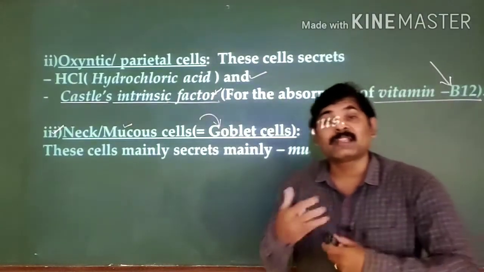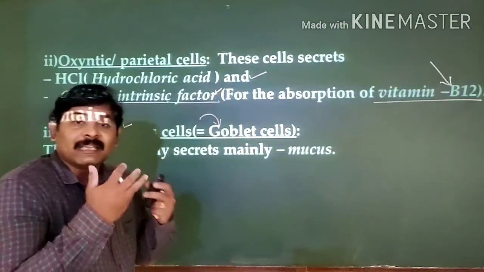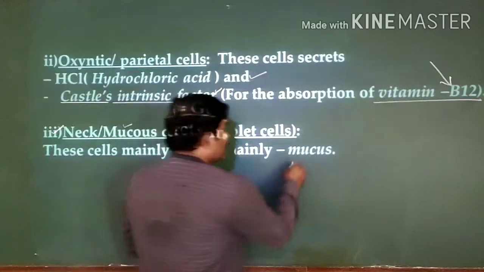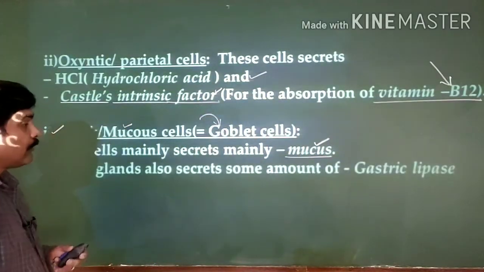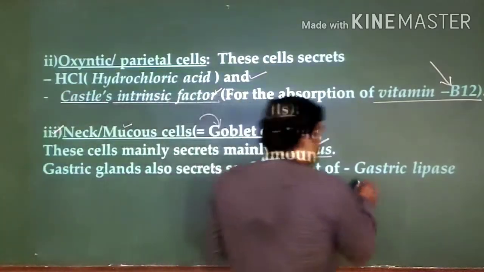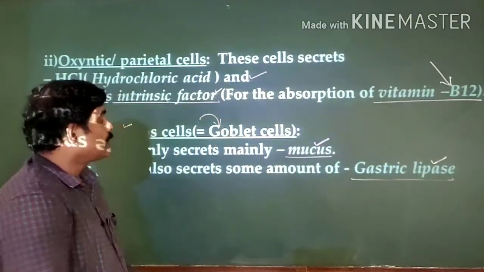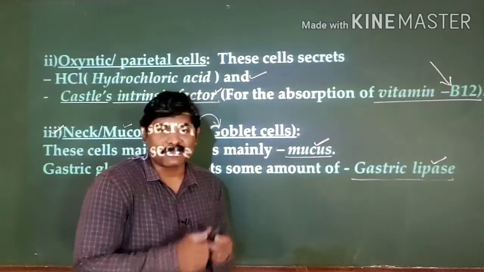It lubricates the chyme present in your stomach, and it protects the inner wall of your stomach known as mucosa. Hence we call it the mucus. Whereas, as I said here, they also produce a bit of gastric lipase. So these are the three various types of cells that you can see in the gastric gland.